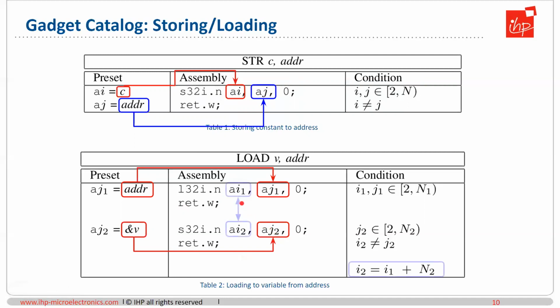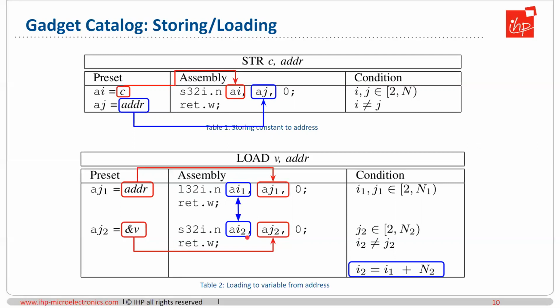Here is the key point: passing of the value from the first gadget after loading. So it's loading from the address to the register AI1, and this value is passed using the overlapped register to register AI2.